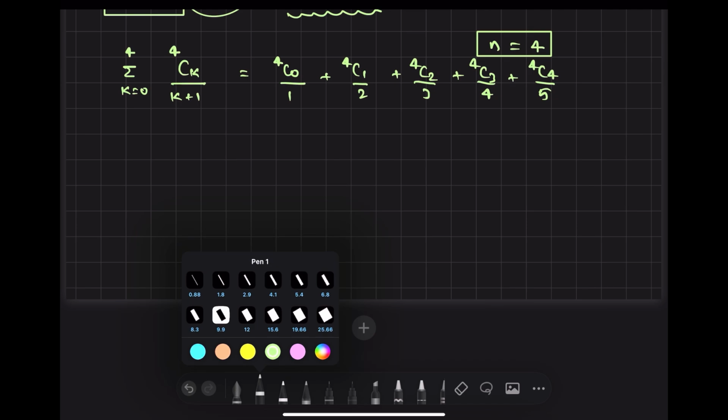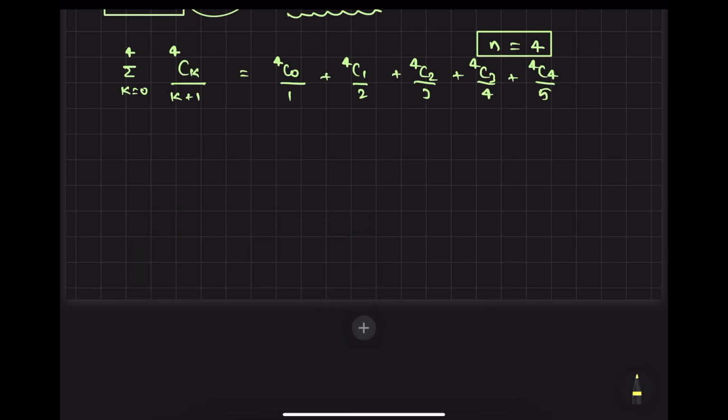So you know that you have to take help of integration. Also look at this component. This component will have x power 4, and if you integrate x power 4, you will have x power 5 by 5. So it is okay, it is direct integration of (1 plus x) power 4. So it is 4C0, 4C1 x, 4C2 x square, dot dot dot, 4C4 x power 4.